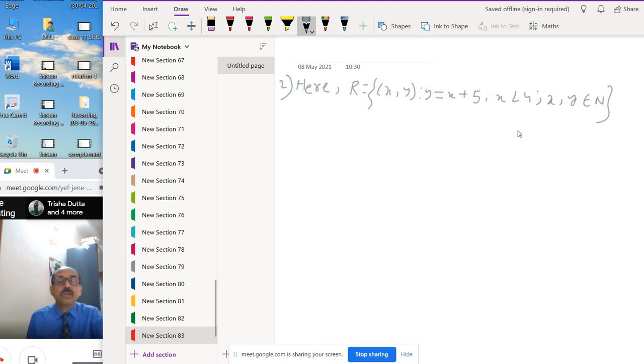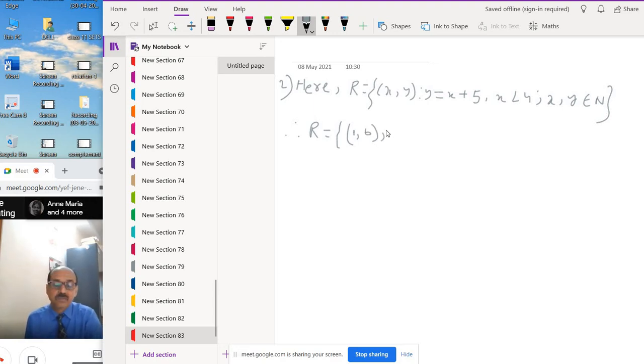Take x values 1, 2, 3 only, because x less than 4 is given. Therefore R equal to: if you take x equal to 1, then y equal to 1 plus 5 is 6, so (1, 6).